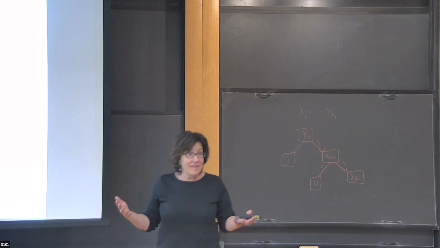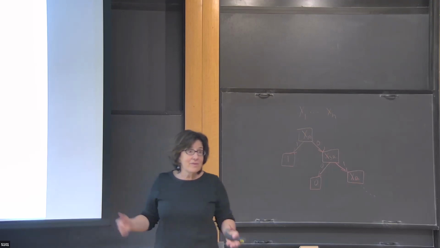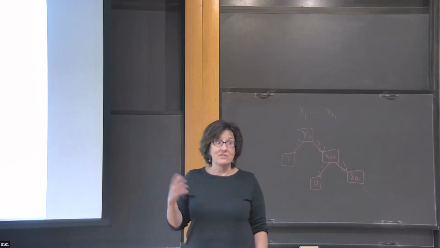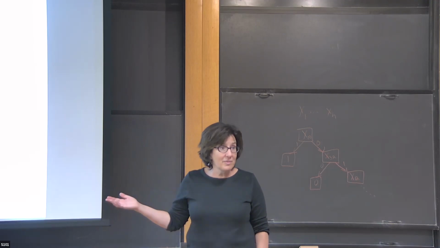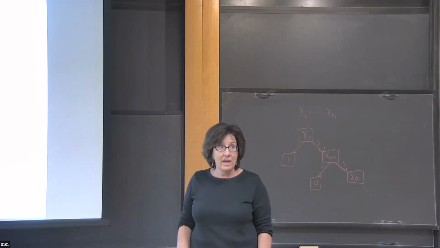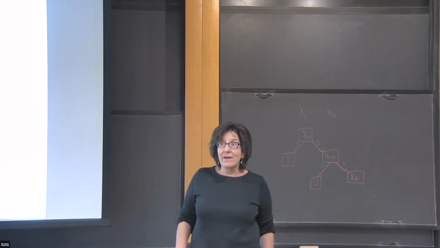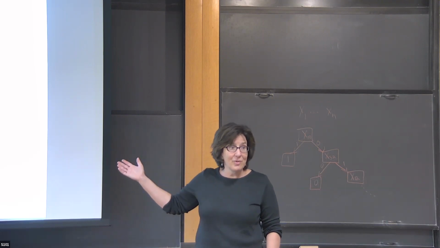So there are works like that too. And then there are other works where people just look at different distances, like L2 distance or EMD, or a bunch of other distances. That's how we get around these horrible sample complexities.